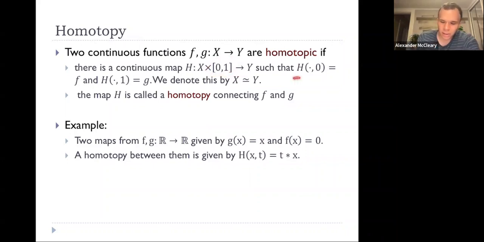What this condition says is that at time 0, H is the same thing as F, and at time 1, H is the same thing as G, and we're flowing continuously between them. So we want a continuous function that at time 0 looks like F, at time 1 looks like G, but goes continuously between 0 and 1 across the whole interval. And that's what gives us the path.